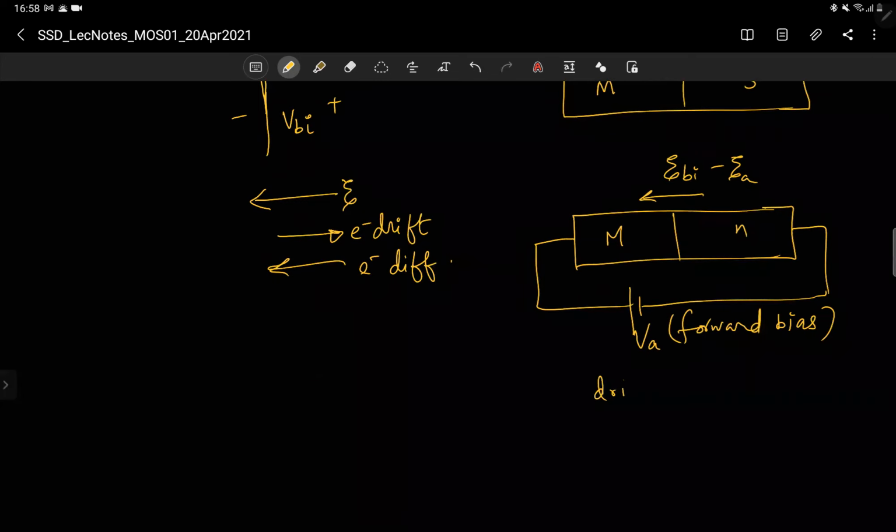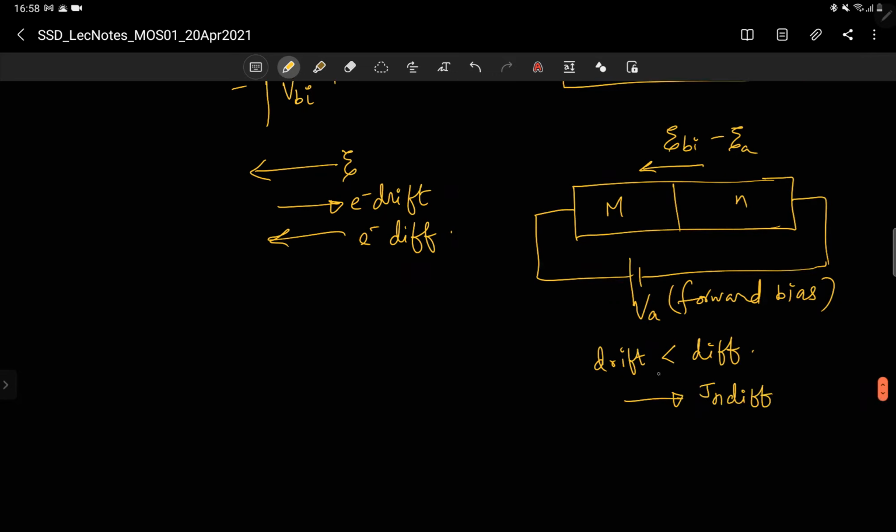So drift becomes less than diffusion. You see that electrons are diffusing from n-type to metal because the electron Fermi level position is higher. So the electron diffusion current is this way, Jn diffusion. So clearly, in forward bias, Jn diffusion is there and the depletion region is there.